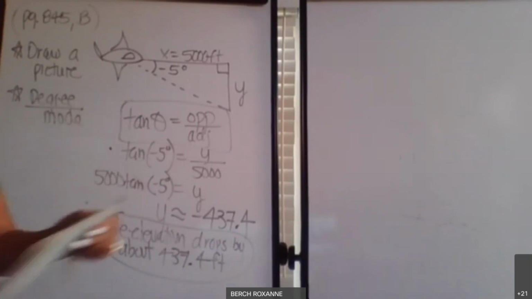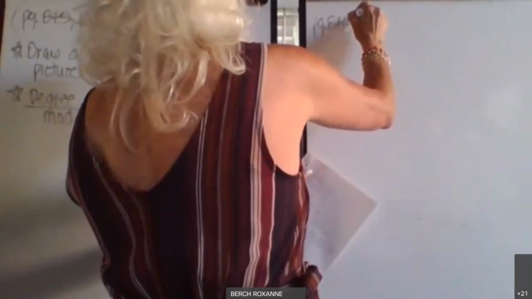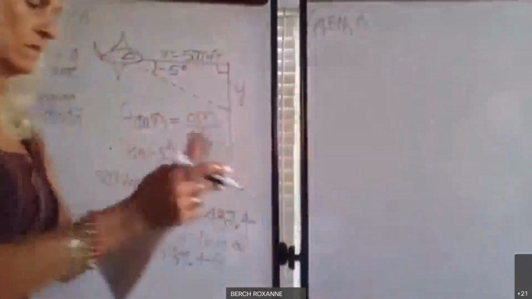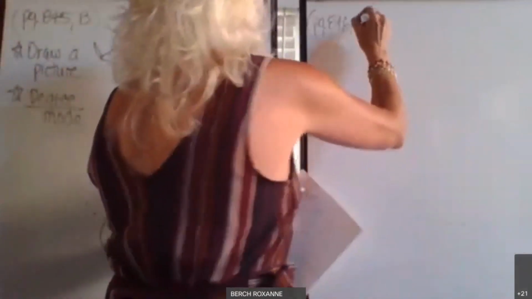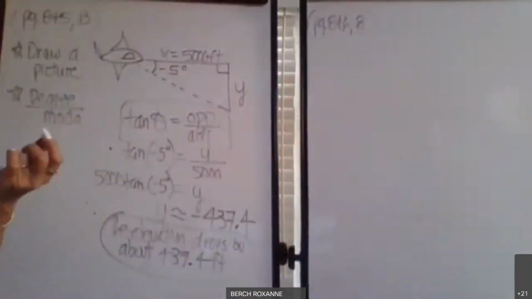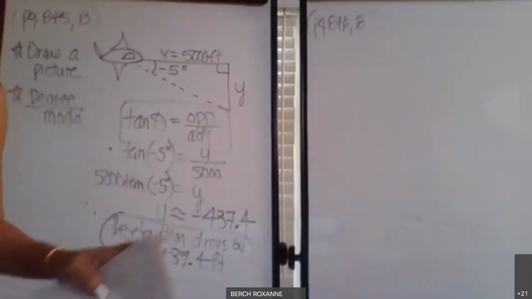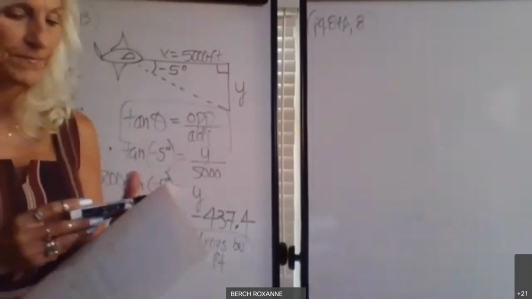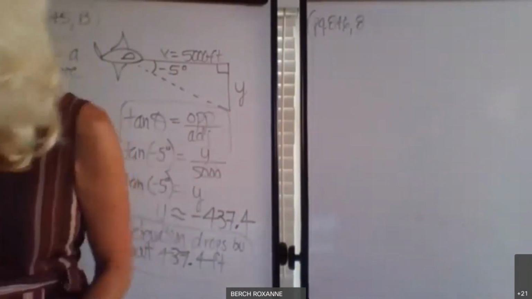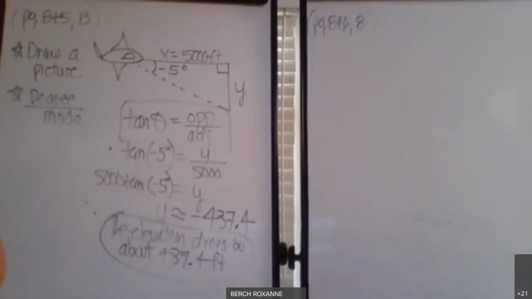Okay, let's do another one. Page 846B. I'm sorry, 8. How long a shadow does a 40-foot tree? So you have a tree.